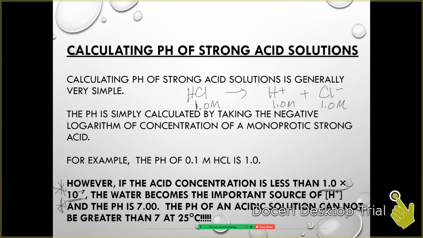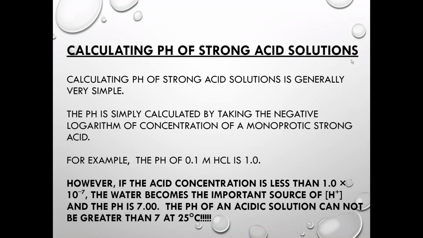If it's less than that, then the water is going to be more important as the source of the H plus, and the pH will be 7 or neutral. So if I have my hydrochloric acid and it's 1 times 10 to the negative 7, my pH is going to be 7. It's going to come from the water. It's not going to come from the acid. And that definitely is different than we did in Chem 1 for sure. We didn't take it that far.